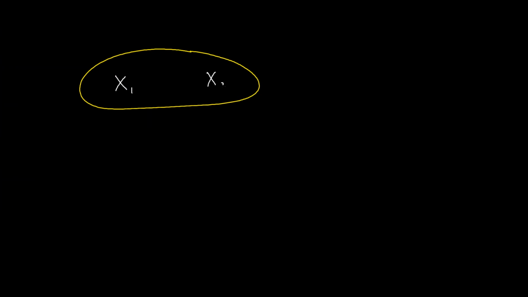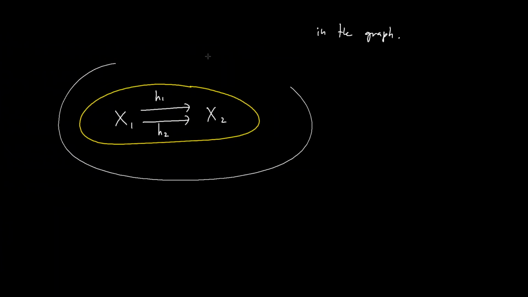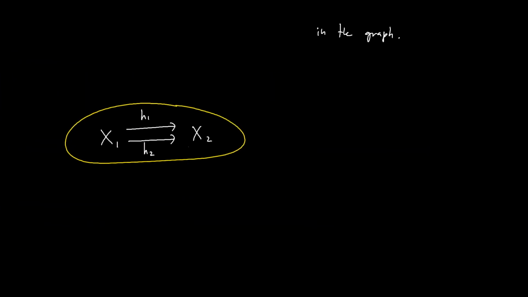So imagine my blue area now consists of two objects, x1, x2, and two arrows, which I'll call h1 and h2. The reason we are calling these x1 and x2 is that it is possible that x1 is equal to x2, but we still want to think of them as being drawn separately.